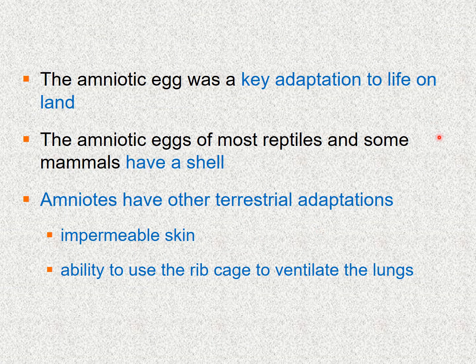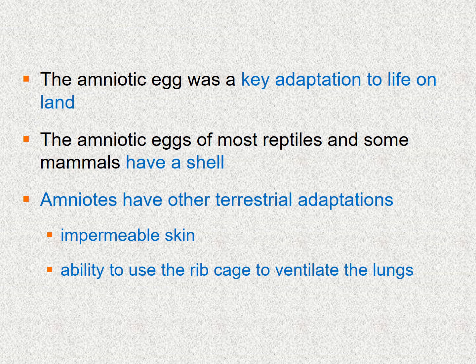So the amniotic egg was a key adaptation to life on land, mainly because it keeps the embryo from drying out, since on land there is very little water. The amniotic eggs of most reptiles and some mammals have a shell. Amniotes have other terrestrial adaptations.